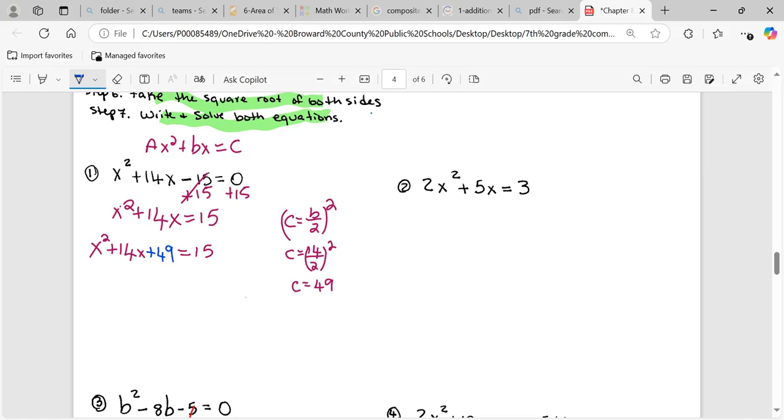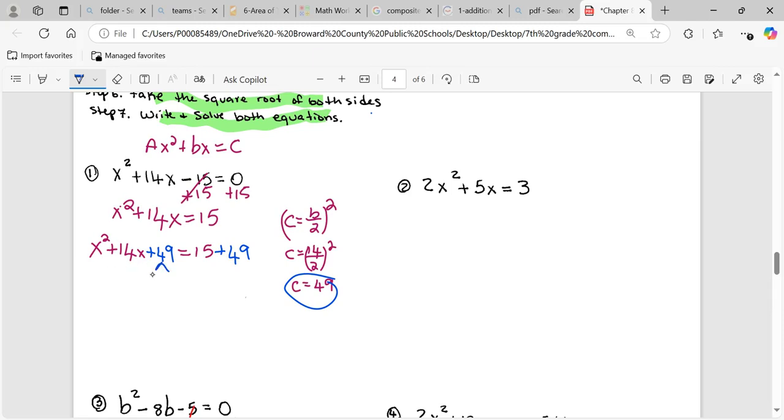But remember, to keep any equation balanced, you must do it to both sides. So now I'm going to add 49 to the right side as well. Whatever I do to the left, I must do to the right to make it balanced. Like here, I add 15, I add 15. So if I take this 49 and plop it into the equation, I have to do it on the right side as well.